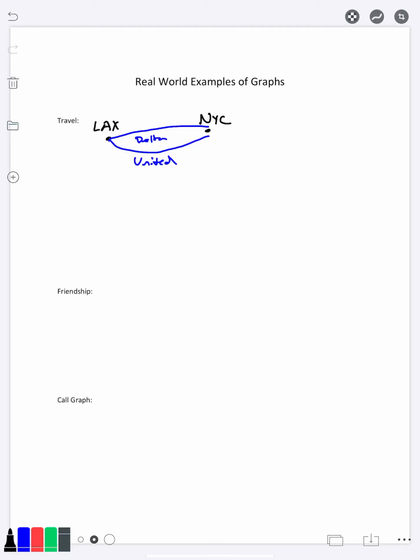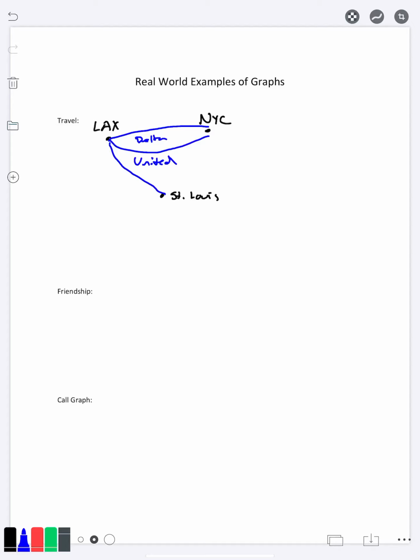On the other hand, what if there's another city in between? Let's say St. Louis. And maybe you can go from LAX to St. Louis, but maybe you can't go between St. Louis and New York City. But studying situations where you're connecting cities with plane or with cars or with trains, whatever connection you want to have, all of these are things that people do when they're trying to decide, okay, well, we have a problem here.